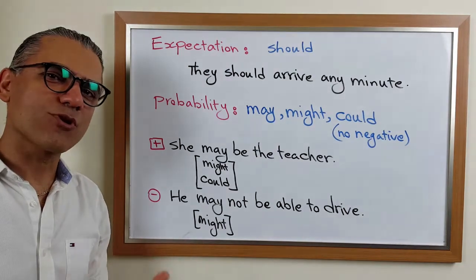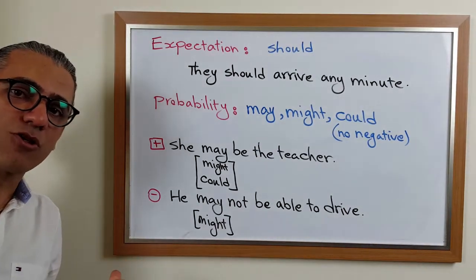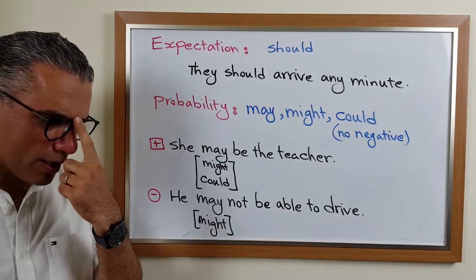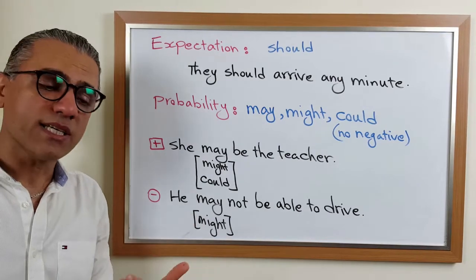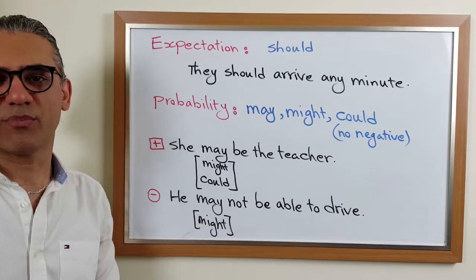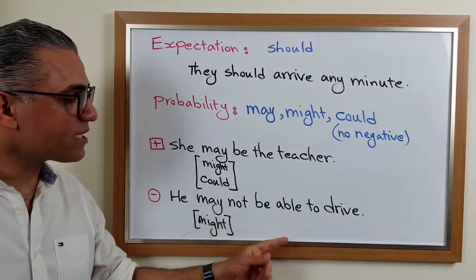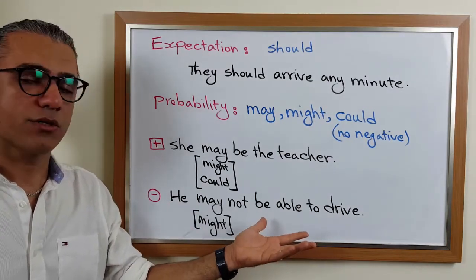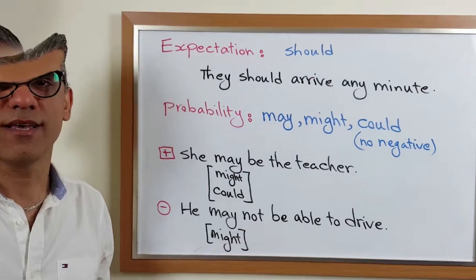Why can't we use couldn't? Because if you remember from the other function of, for example, possibility, when you use couldn't, it means it is impossible to happen. It is not probable anymore. When you say he couldn't be able to drive, it means it's impossible for him to drive. It is not a probability anymore.